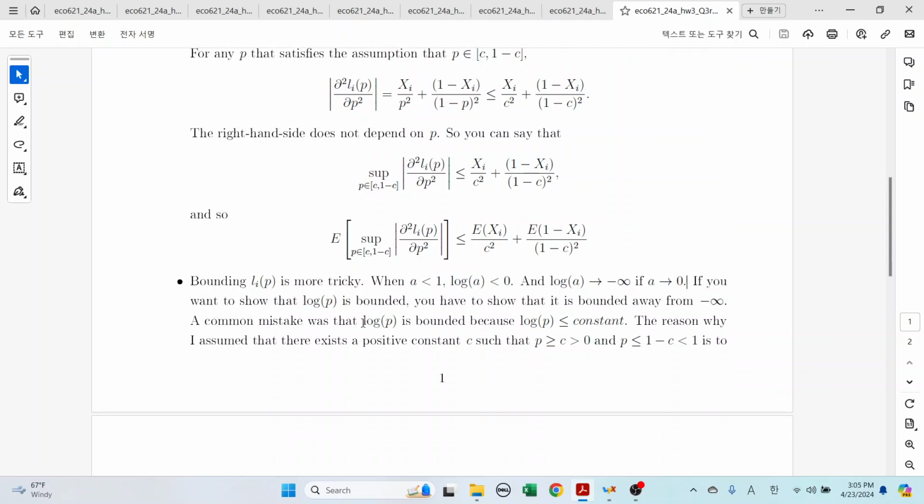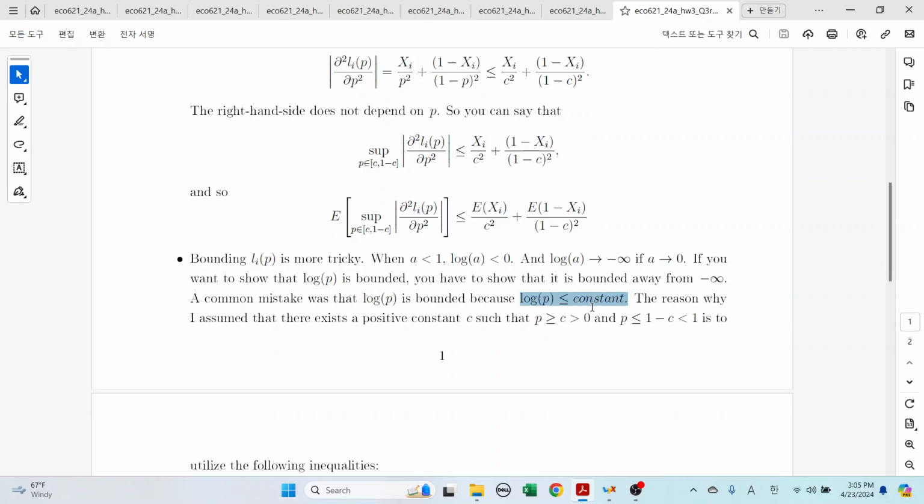Most of you just argued like this, right? Log of p is less than a constant, or did not explain how to bound it. But it's wrong. It does not bound the log correctly because it is negative. A bound from the positive side is nothing. It doesn't mean anything here.